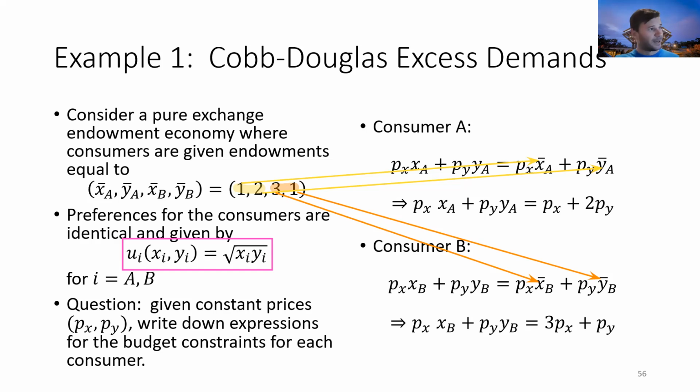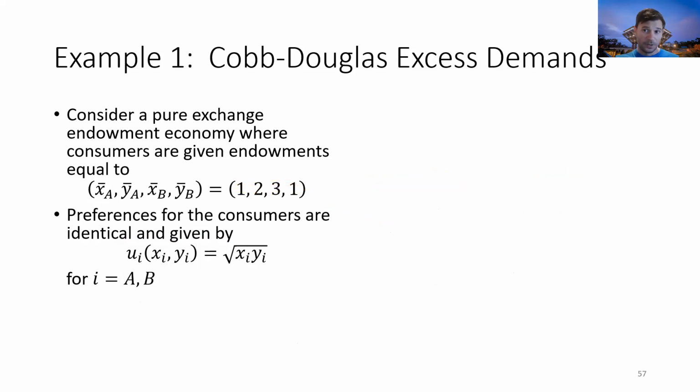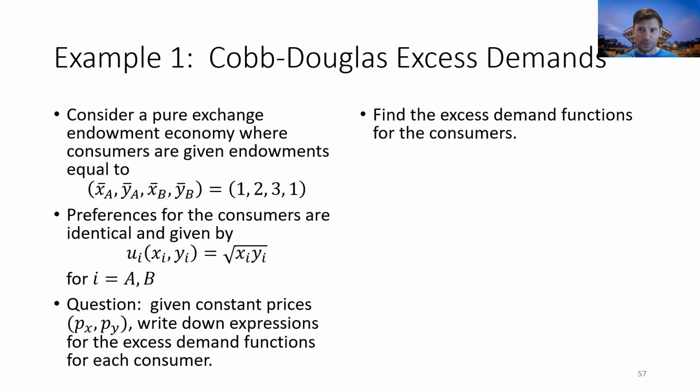All right, so I'm going to take a little bit of liberty with that knowledge and assume that we remember, if we have a Cobb-Douglas function and we solve that problem, what those demands will look like. But what I would like us to do is figure out the excess demand functions for these two consumers. There's going to be 2 for each consumer, 1 for each good.